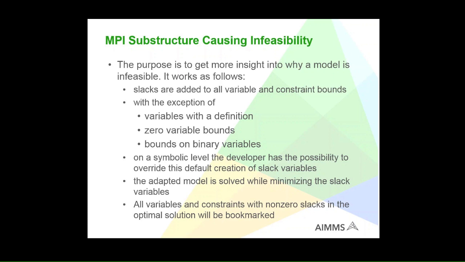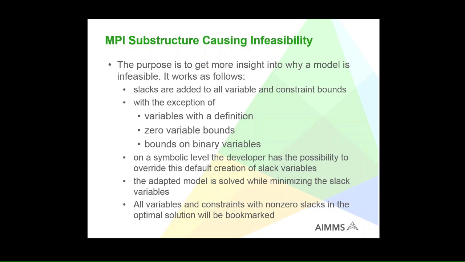There are a few exceptions, such as variables by the definition. The reason is that you want the definition to also be true, because if not, you change the model. So by default, you don't add slack variables there.